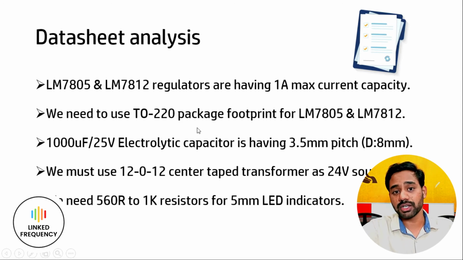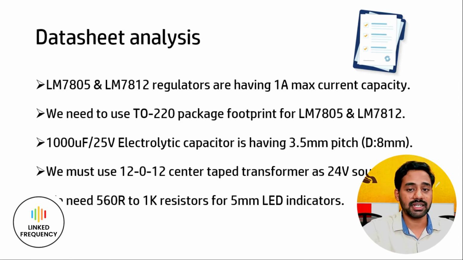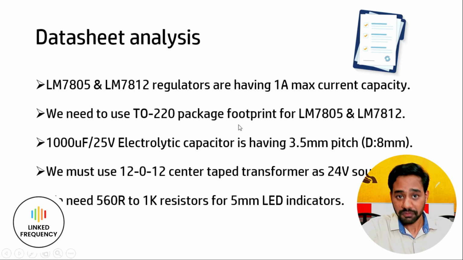Otherwise, if you are using a TO220 package in the footprint design activity or in the PCB layout design activity, but the component that you are going to use is something else, then you are not able to solder that particular component on your PCB after fabrication. So it is better to have clarity of the footprint and the shape of the component while doing the datasheet analysis itself, rather than struggling later on after the production.